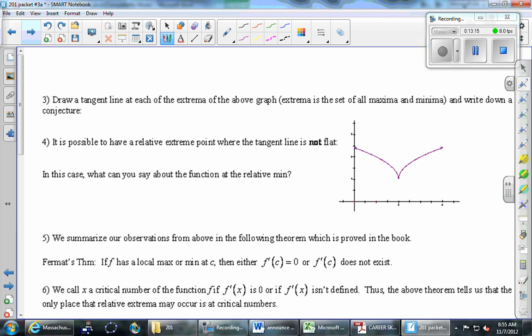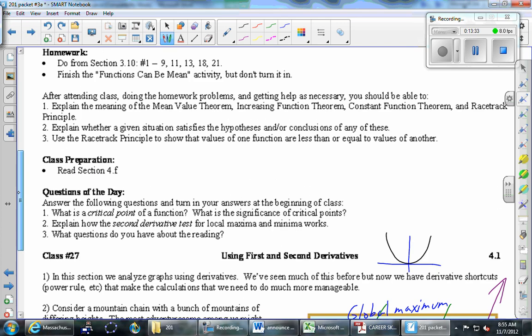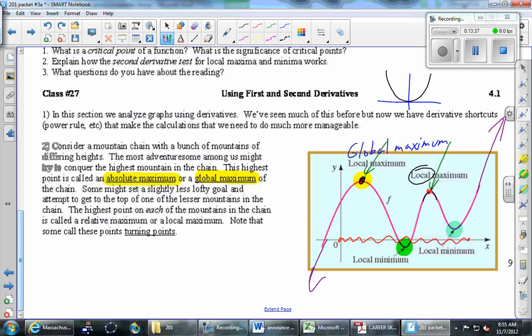Okay, so number 3, Ernie. Yeah, so coming back to this graph right here, we're going to draw a tangent line at the extrema, the extremes of the graph.